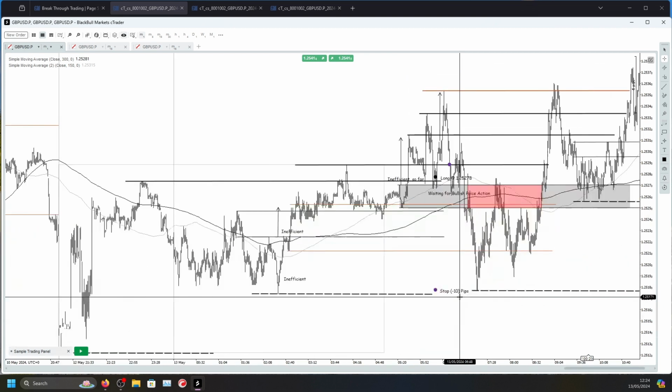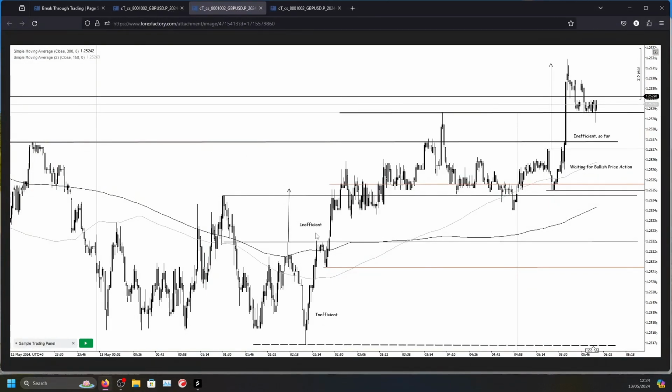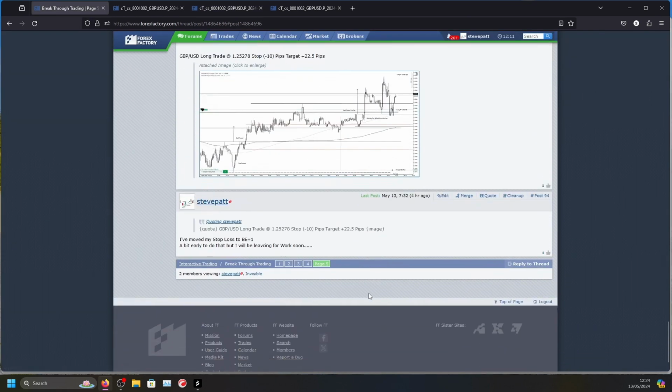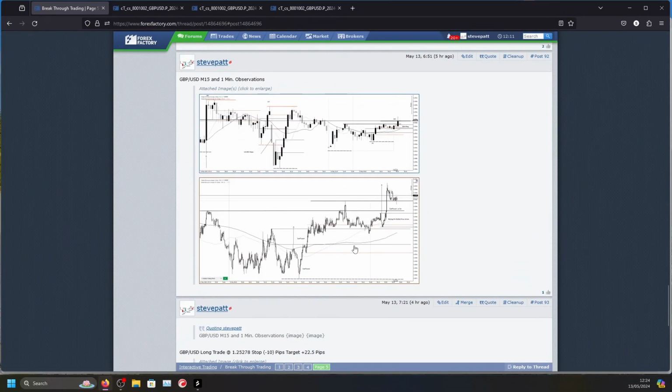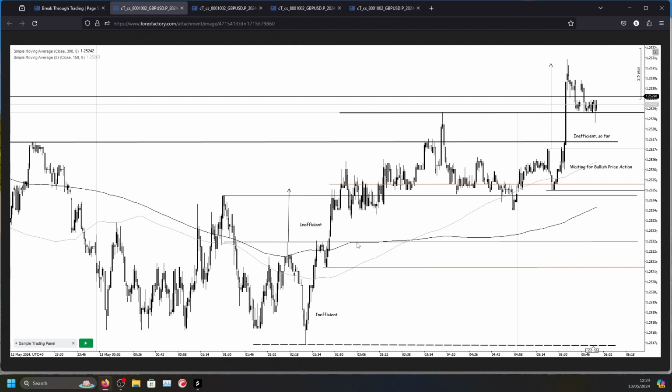But the interesting thing is, you see here, I had these areas marked out as being inefficient. That's this chart here. I had that chart printed out at this time. I'm not doing this after the fact. I'd be looking for price to come and fill these areas in.